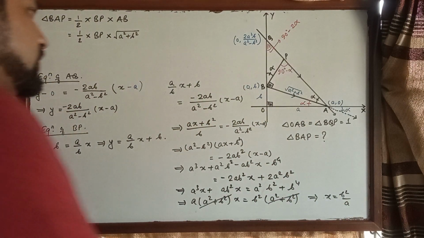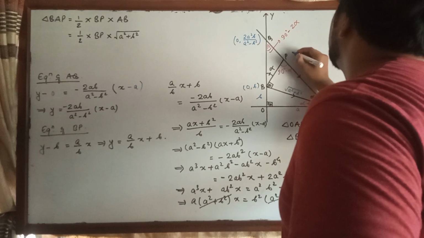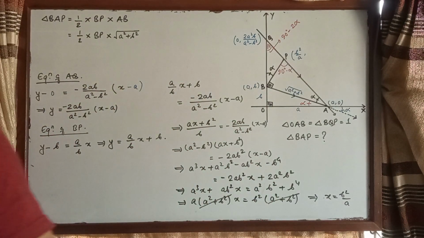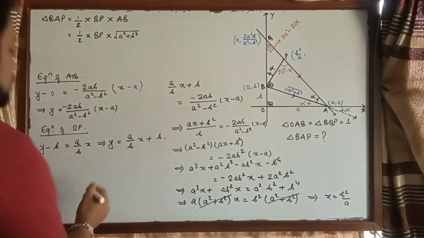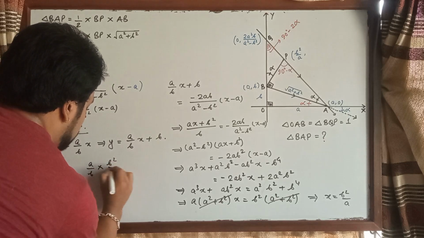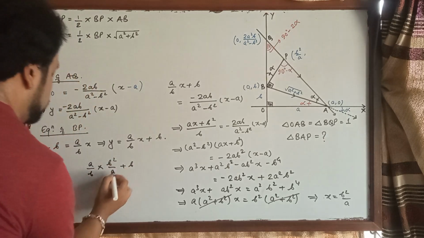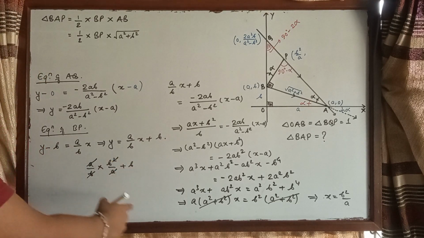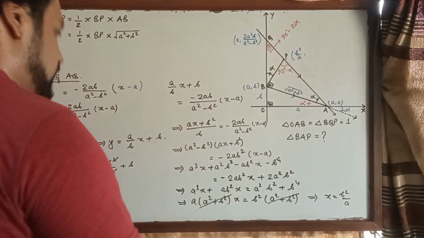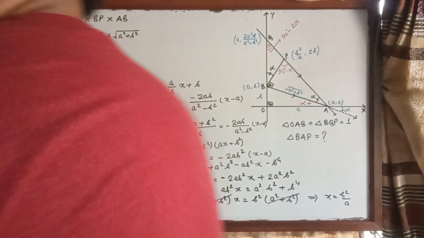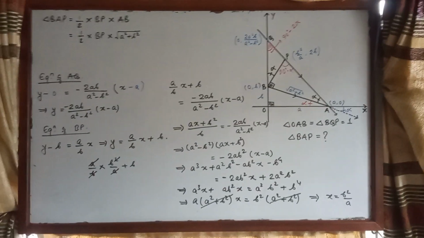So the x coordinate of P is b squared over a. For the y coordinate, let's simply put this value here: a over b times b squared over a plus b. We can cancel out the a's, we can cancel out one b, and b plus b means twice b. We got this.